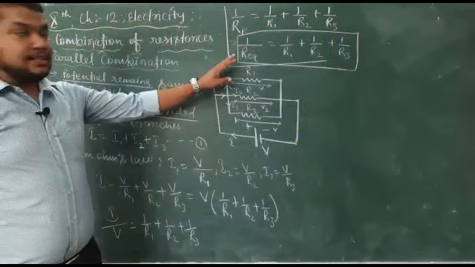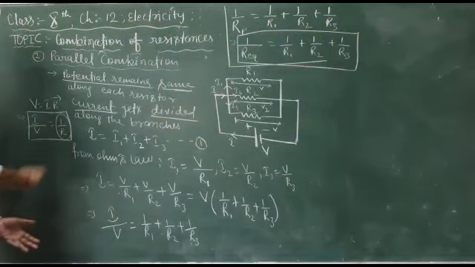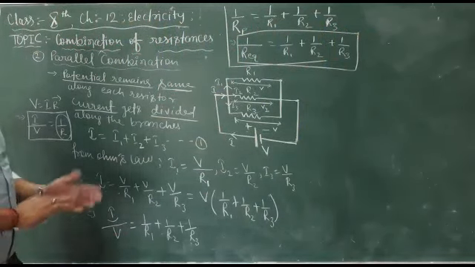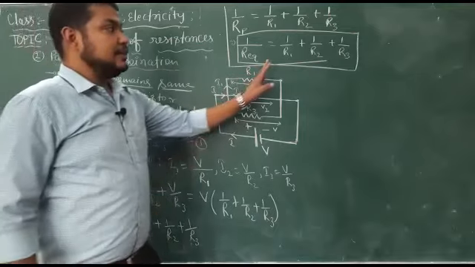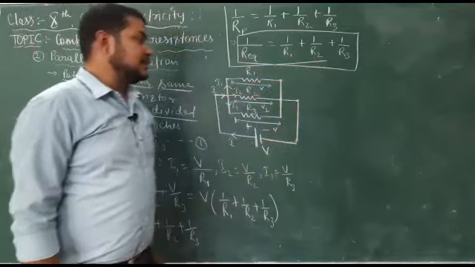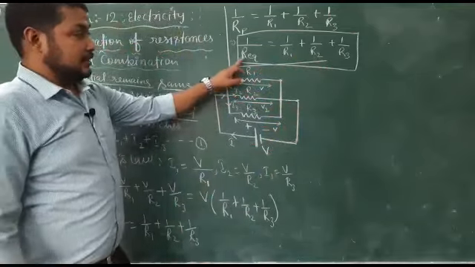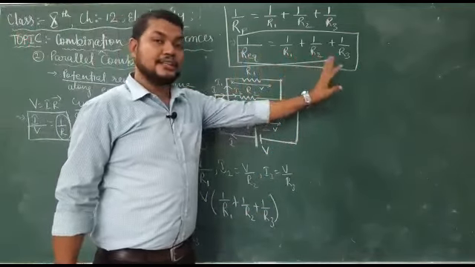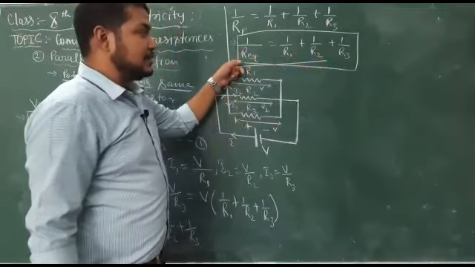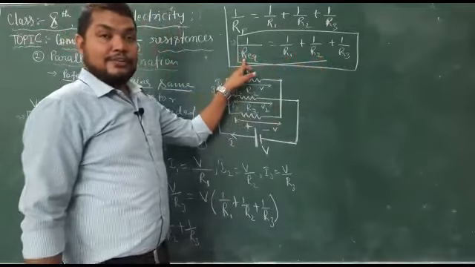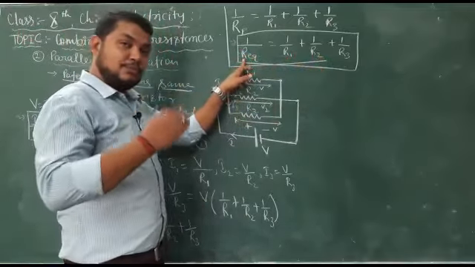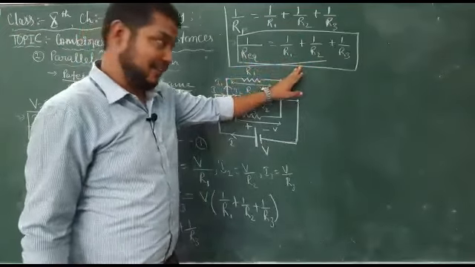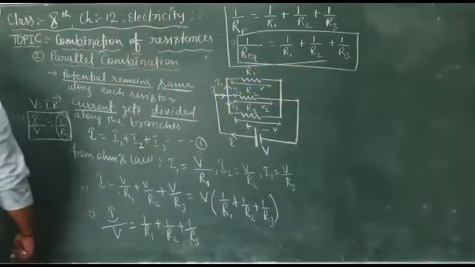In series combination we have seen that the equivalent resistance was greater than the individual greatest value, but in parallel combination the equivalent resistance is lesser than the individual smallest value. We will see this by using one example.